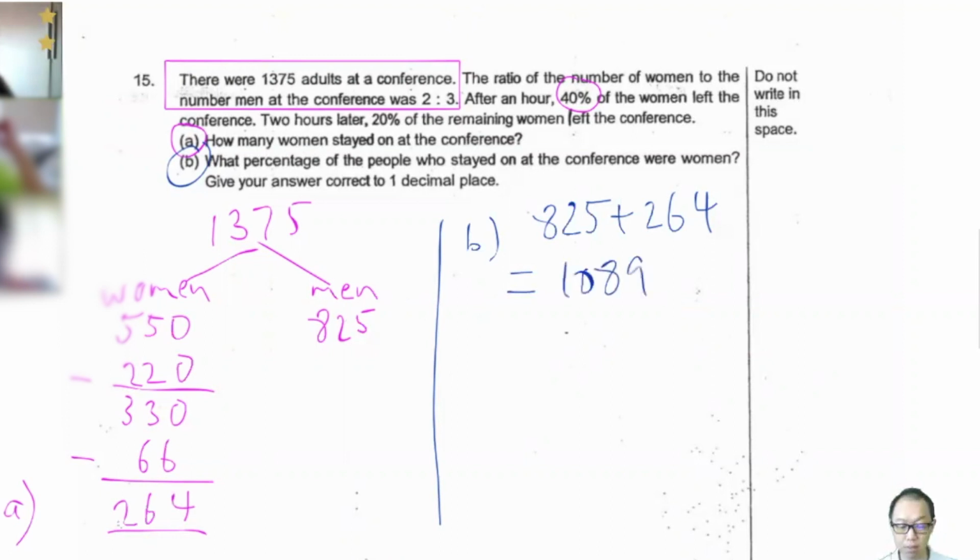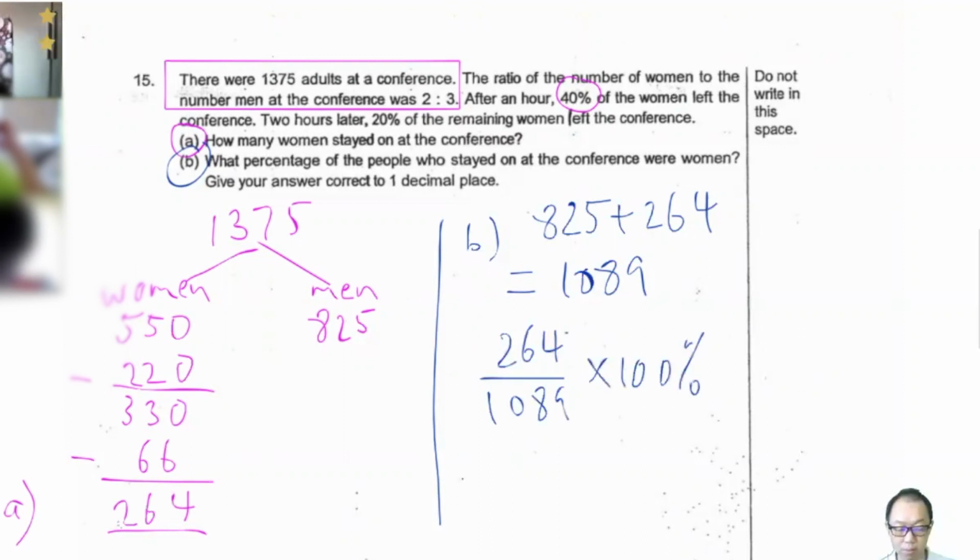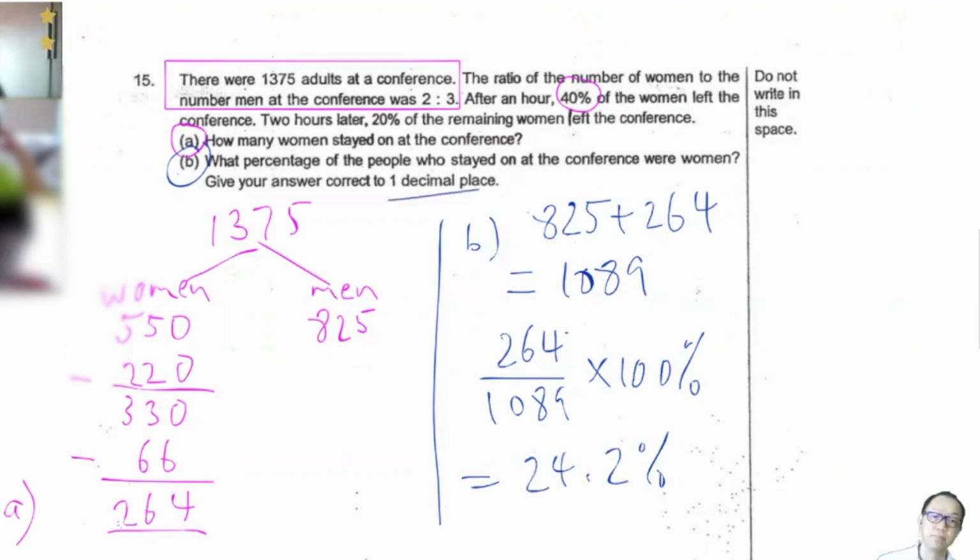Okay, so we want the percentage who stayed that are women: 264 over 1089 times 100%. We get 24.2, correct to 1 decimal place. That is all. Not too bad, I think.